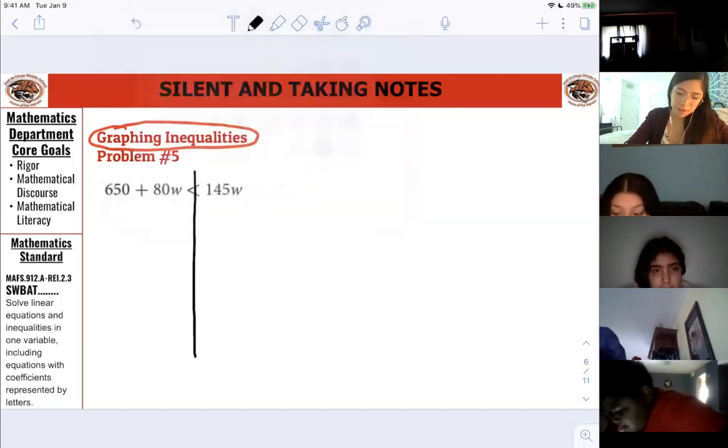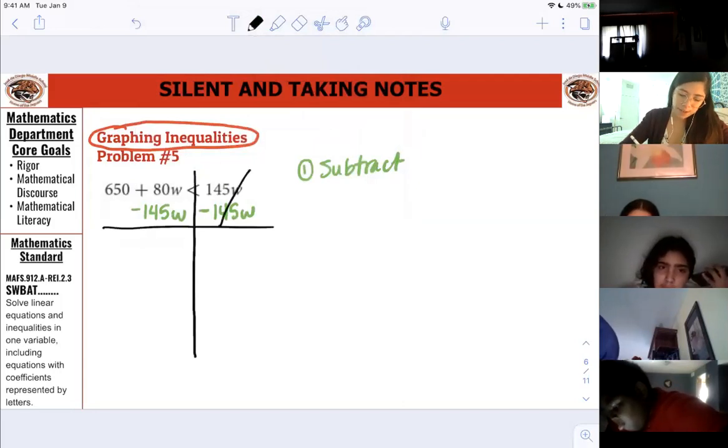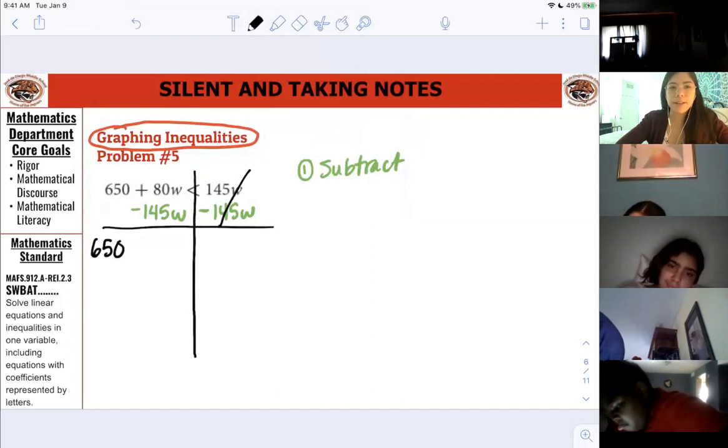All right. So to move it over, what operation do I use? Subtraction. So minus 145W on both sides. On the left side, I have 650, that stays the same. And then I'm doing 80 minus 145. What do I get?